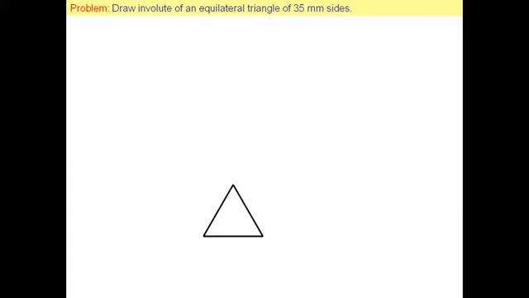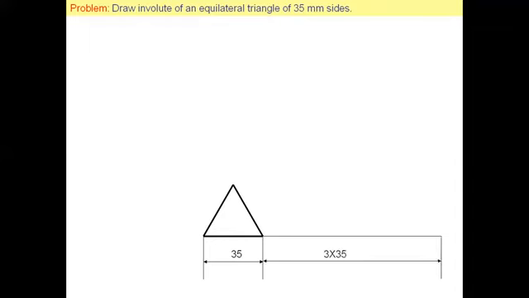The involute is drawn using the perimeter, that is 35 into 3, because the number of sides of the triangle is 3. Draw a horizontal line of this perimeter, 3 into 35. Then draw the extension of each side of the triangle.